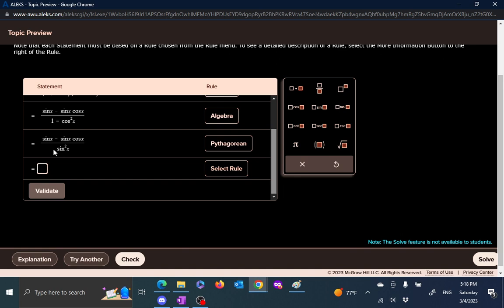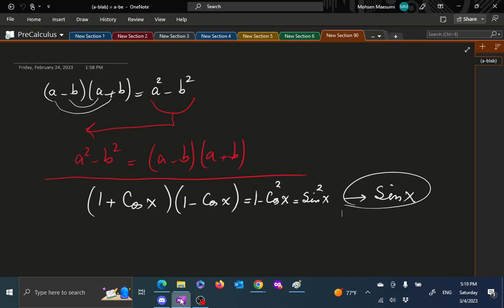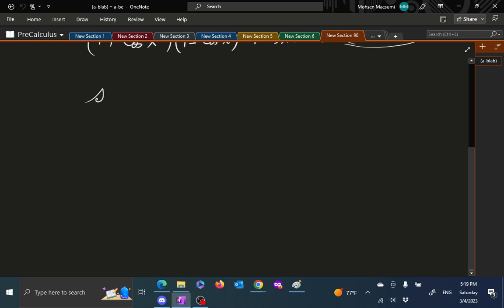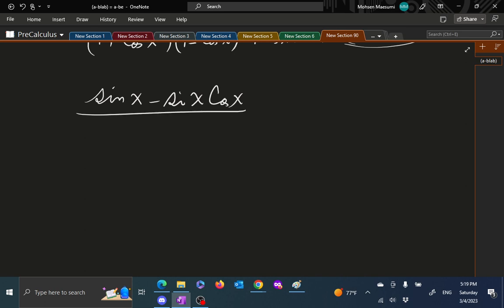Now I divide term by term, meaning divide sine by sine square. So what am I going to do here? I have sine of x minus sine x cosine of x over sine square of x.